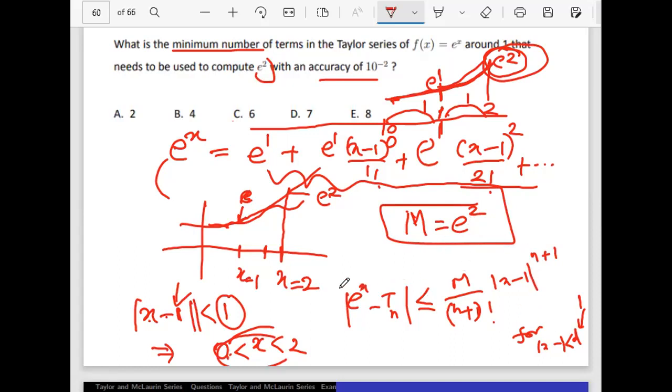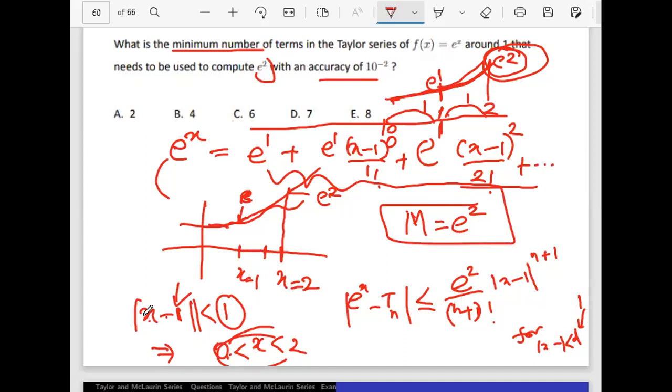Now you can substitute this number in here, right? So the distance between the original and the Taylor polynomial is less than e to the 2 divided by n plus 1 factorial times x minus 1 to the power n plus 1.